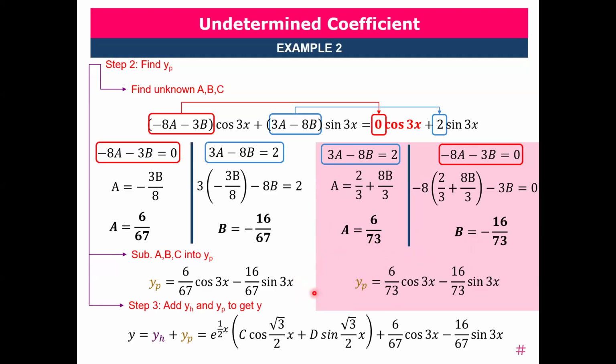So if you accidentally saw your friend's answer during final exam, please do not panic, because most probably both of your answers are correct. So either A or B values that you get, just substitute into the YP and add YP and YH together, and you will get the Y value. I mean the solution of the ODE.